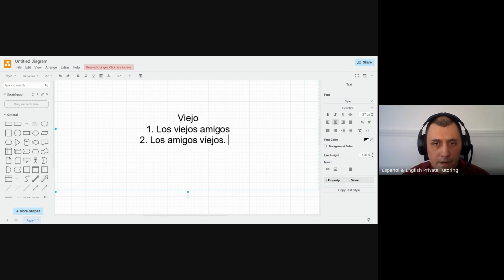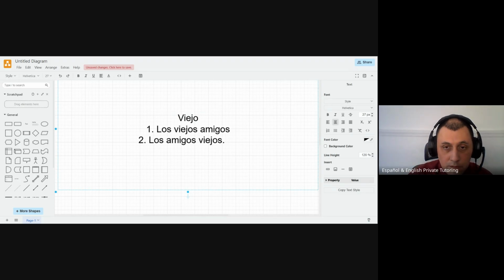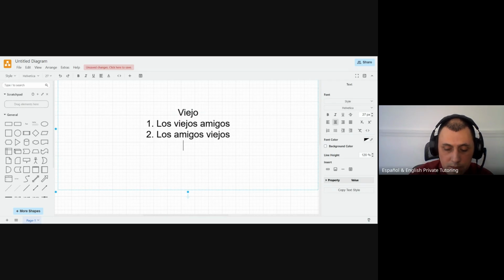Now, the thing is that viejo, if you use it for age, can be offensive, especially if you say this to a woman or women. So be careful with using this with people if you don't know them. A better adjective if you want to refer to age will be, instead of viejos, mayor de edad, like saying elder is more respectful.